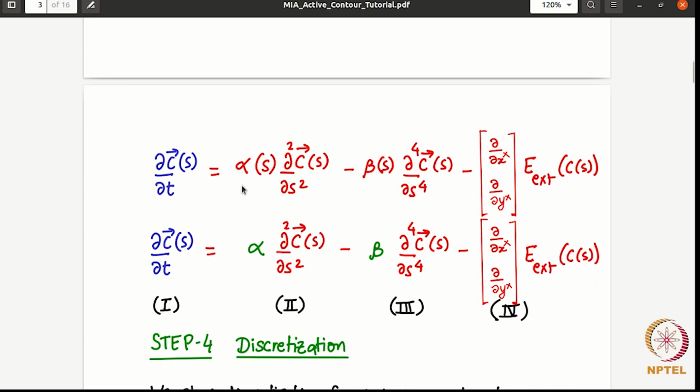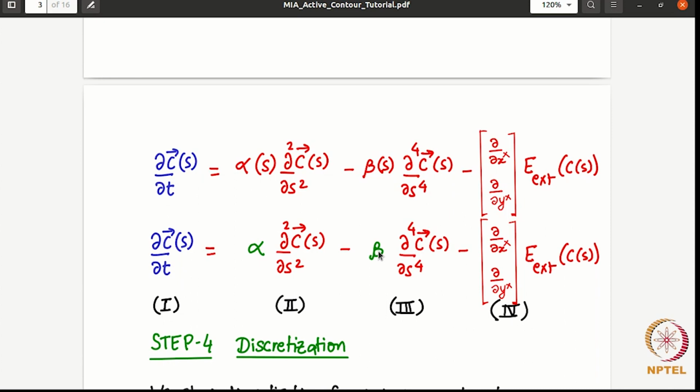So here our first approximation comes into picture, and these equations get reduced to this one. So here alpha of S is alpha, beta is beta. Now this is the main snake evolution equation, and you can see it consists of 4 terms.